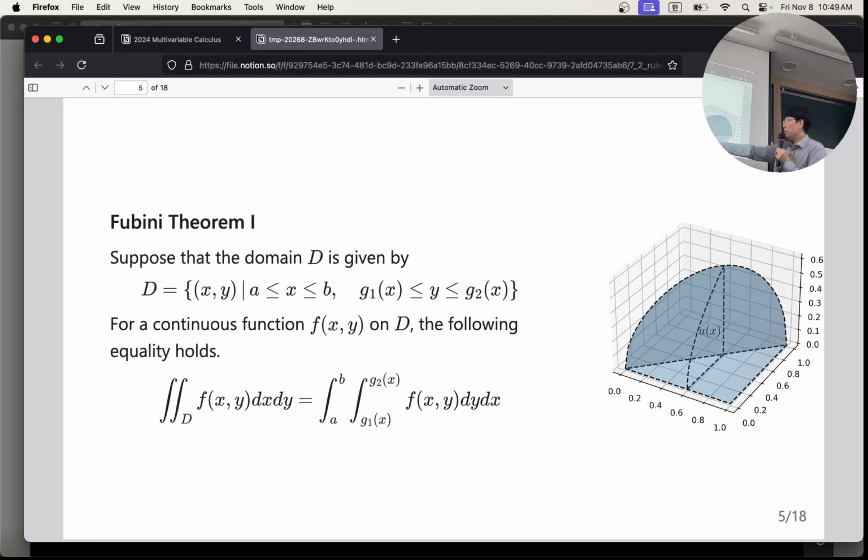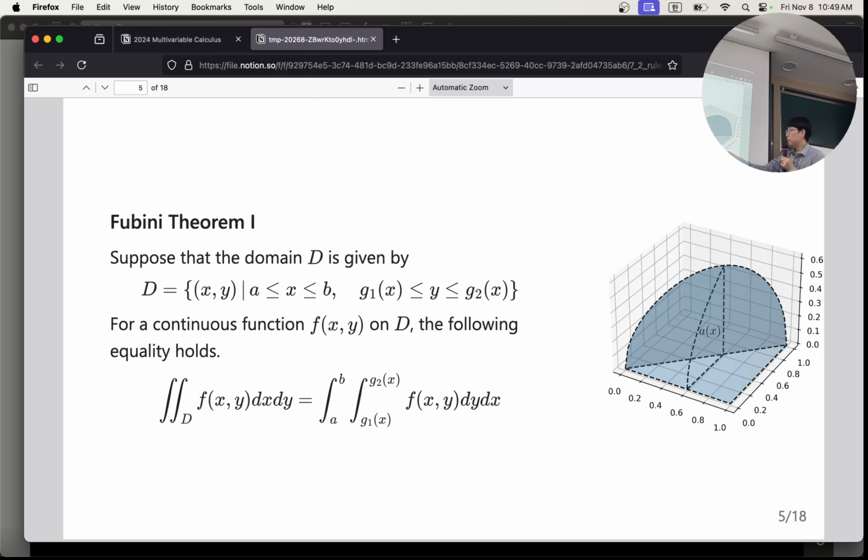So when I have a domain given like this one, my x ranges from a to b, but my y does not always range between constants. There are certain boundaries that restrict the range of y.